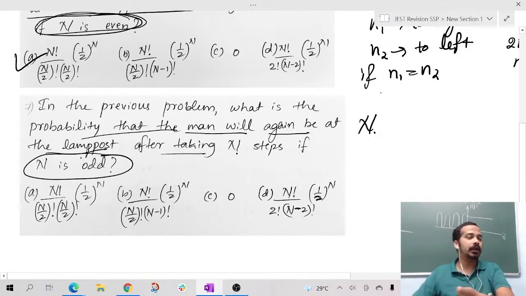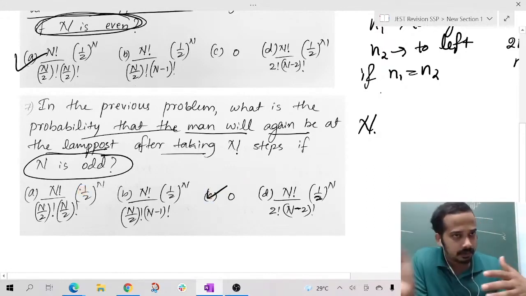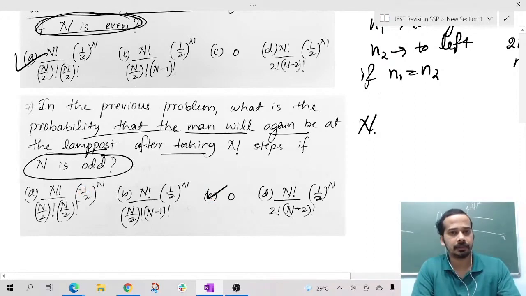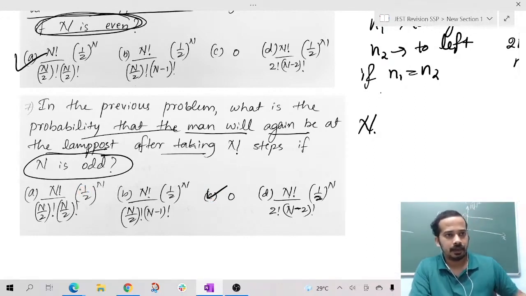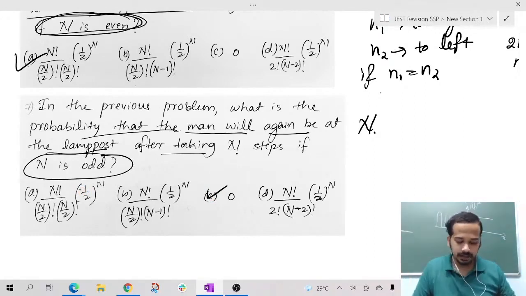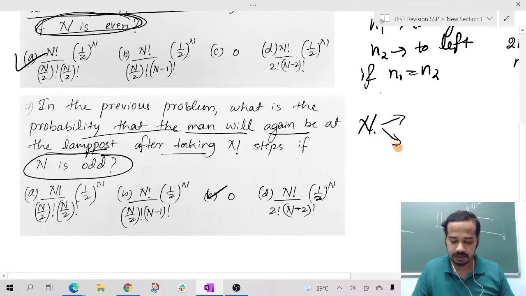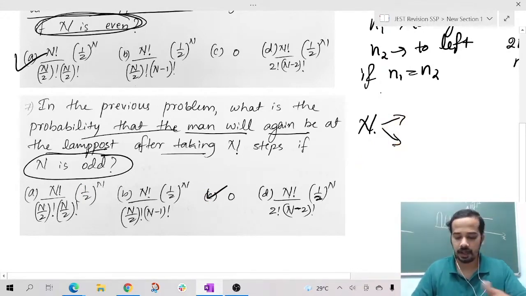Don't go for defining them. You will end up with an odd integer or something, factorial of them. Okay, this is 0. Why? If n is odd, there is no possible way of getting the number of steps to the right equal to the number of steps to the left. Am I right? Isn't it? If n is odd, you can't divide this into two integers, exactly half of one integer, half of another integer. That's why obviously if n is odd, there will be a net displacement.